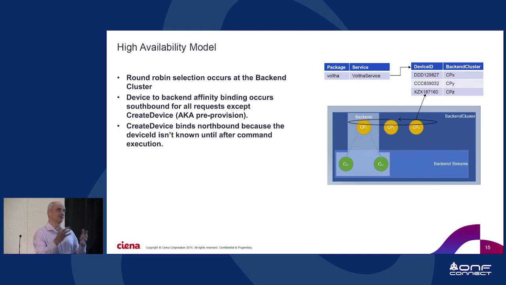One is, for certain methods, it'll get bound southbound, which means that the device ID is known. The binding will occur southbound by doing a round-robin jump to the next available core. The binding will take place there, and every other call after that will use that binding to communicate with that core pair.